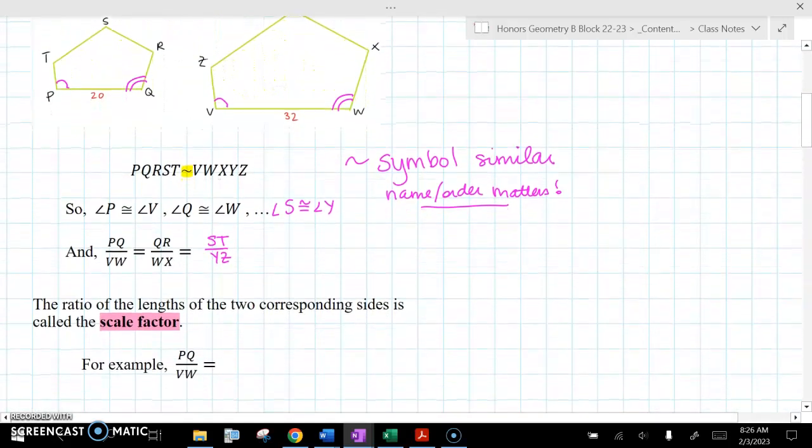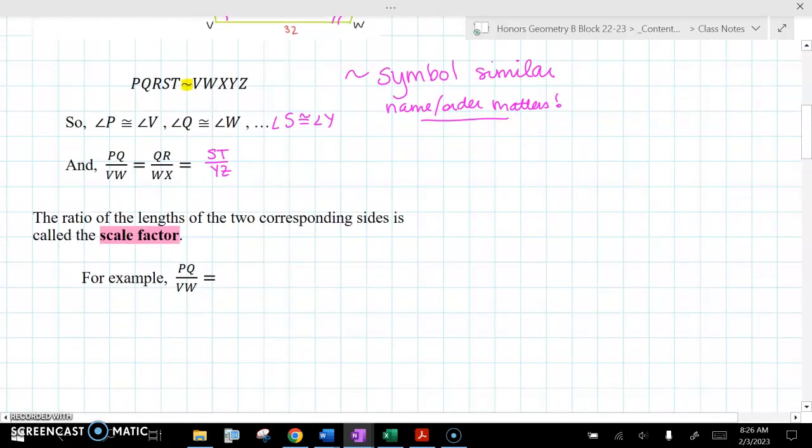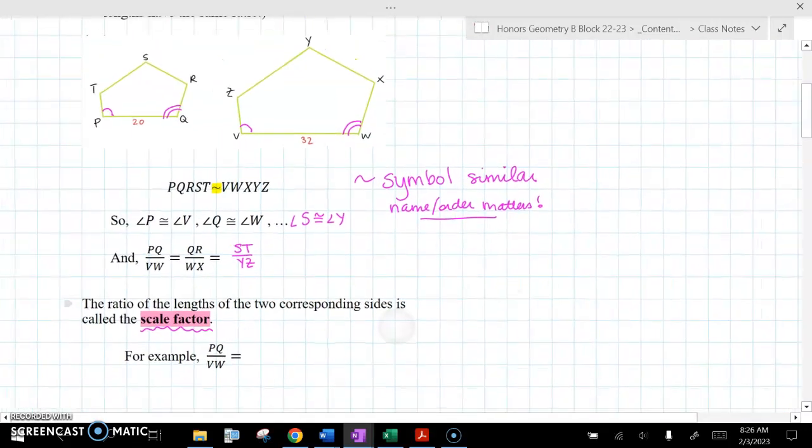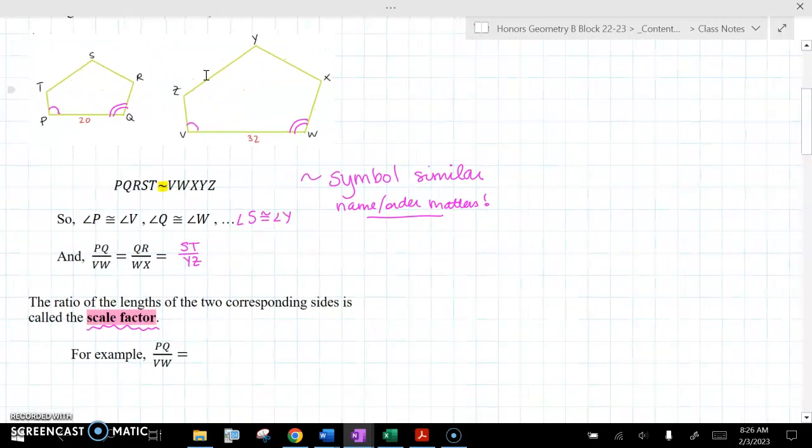Now, as we build upon this, when we talk about the lengths of sides of a figure, and we're talking about their ratio, we call this ratio a scale factor. So if we look at the figure above, they told us the length of PQ and VW, and we already know that those are corresponding sides, so we can actually come up with a ratio or scale factor between these two figures.